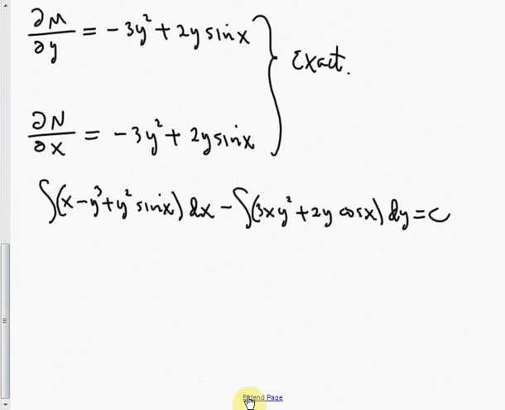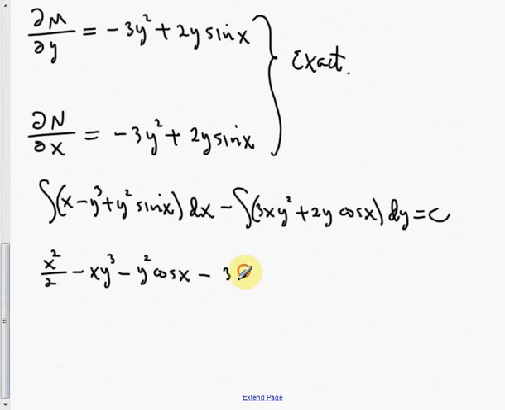Quickly we integrate. Here with respect to x, this is x squared over 2 minus x y cubed, minus y squared cosine x. What's the integral of sine x? It's negative cosine x. This is minus, integrate with respect to y over here.